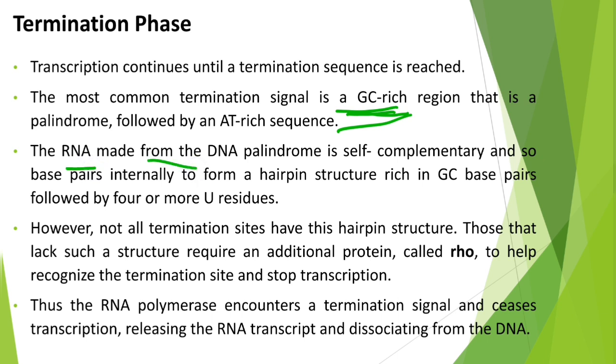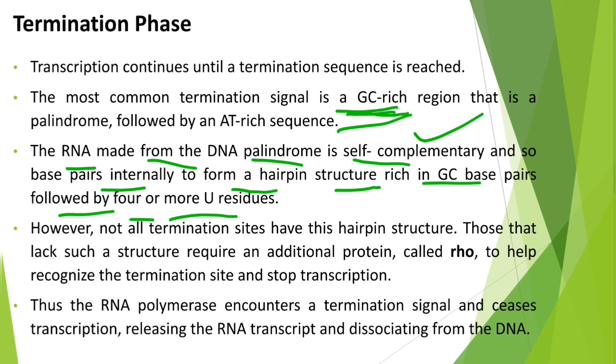So the RNA made from a DNA palindrome is itself self-complementary, and so base pairs internally to form a hairpin structure rich in GC base pairs followed by 4 or more U residues. However, not all termination sites have this hairpin structure. Those that lack such structure require an additional protein called Rho to help recognize the termination site to stop transcription.